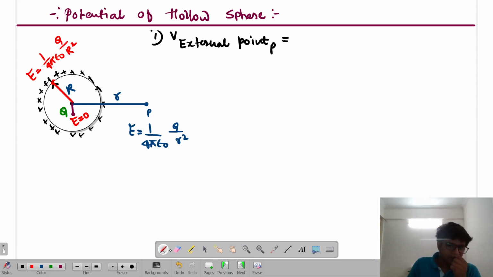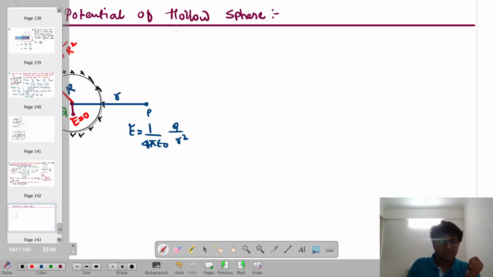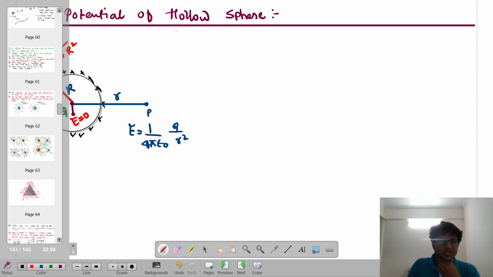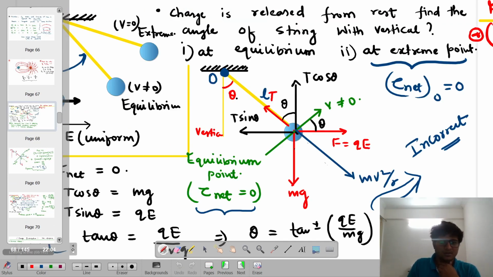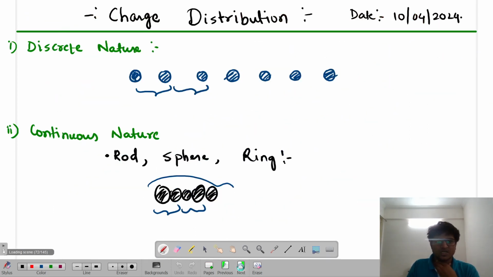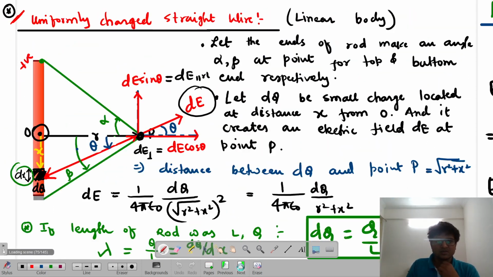Now, to find the potential, see how to calculate the potential. Potential is not an easy calculation. The reason for that is, I told you that in case of potential, we need to select a reference point to do the calculation of potential, isn't it? Like we did so many questions regarding that.